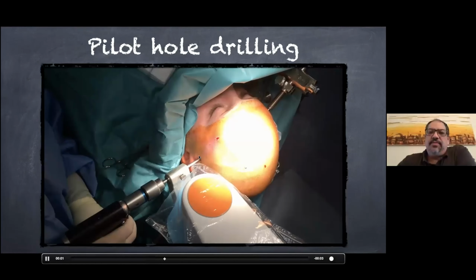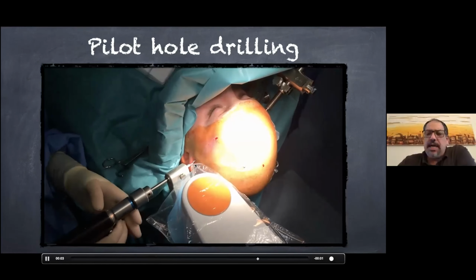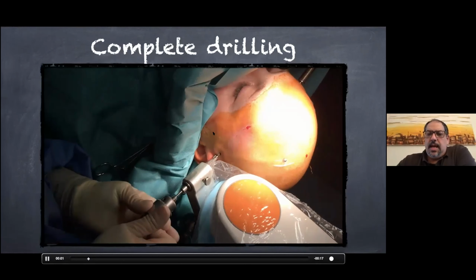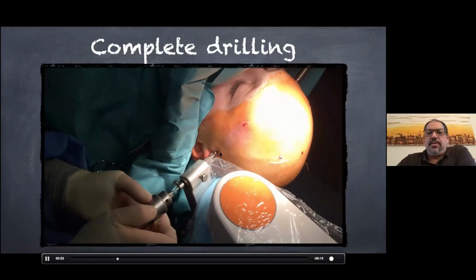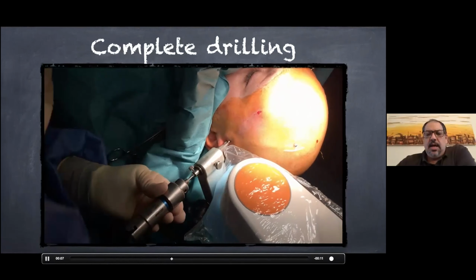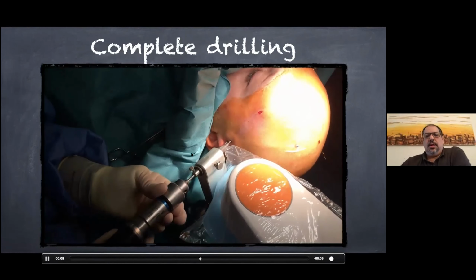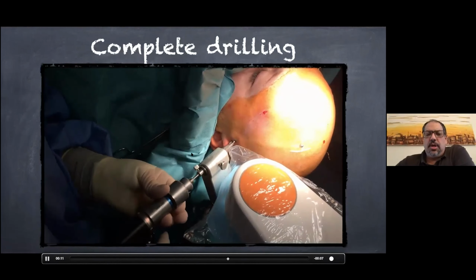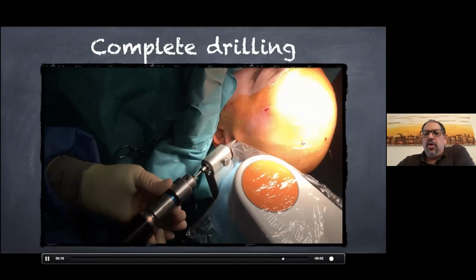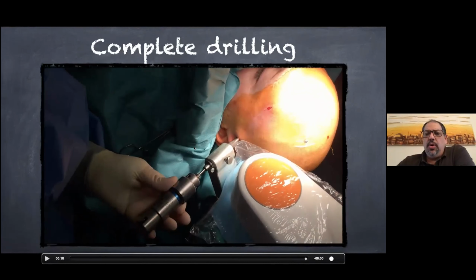So once we have done the pilot hole drilling, we move on to do the proper drilling with this thin drill with the exact diameter to implant the guiding screws. So we manually enter the pilot drilling, and then we attach the engine of the drill, and we perform the complete hole into the skull.